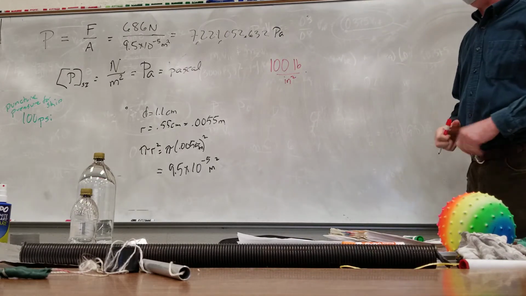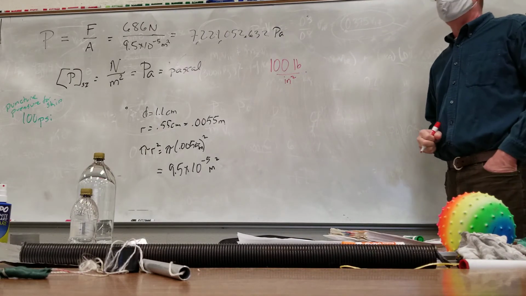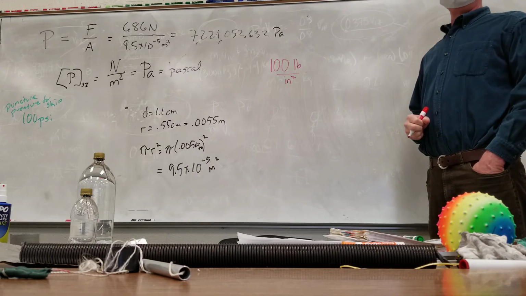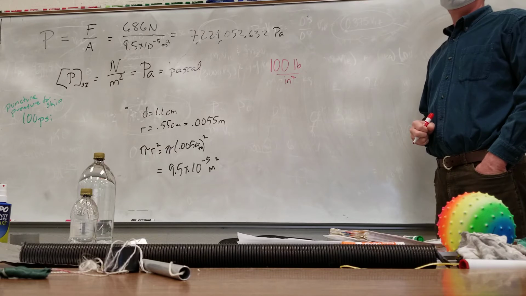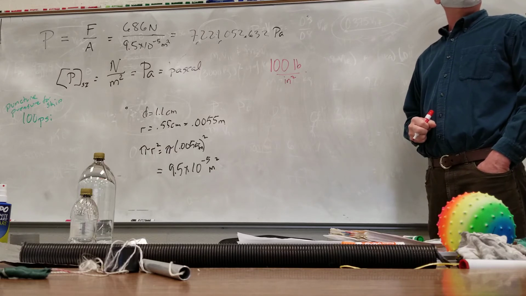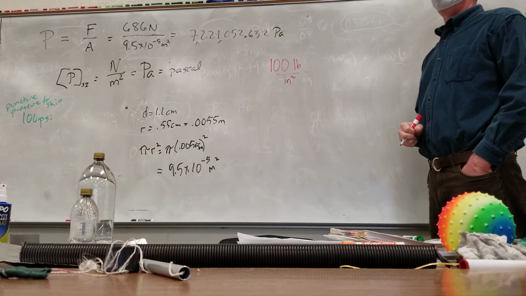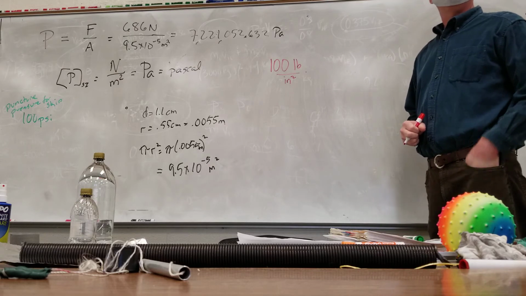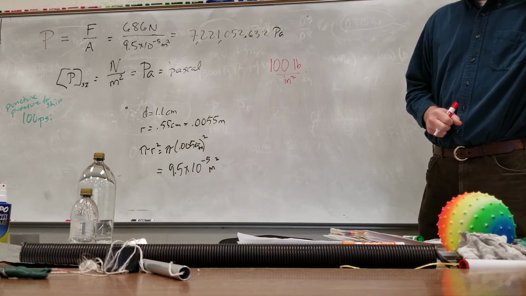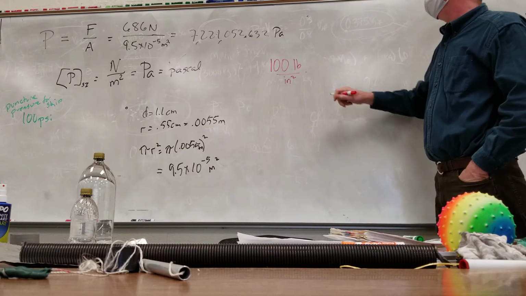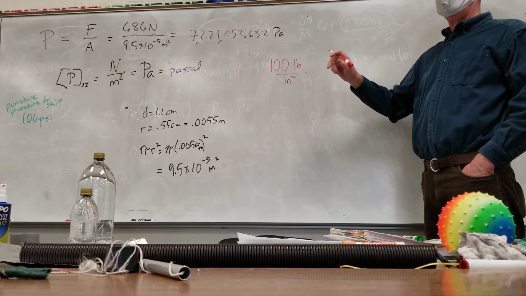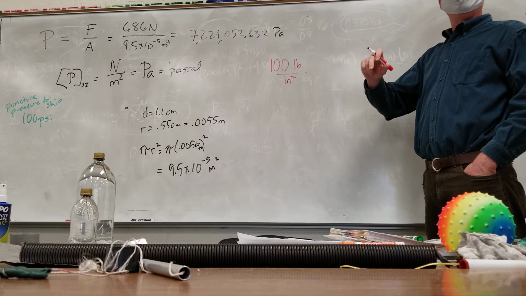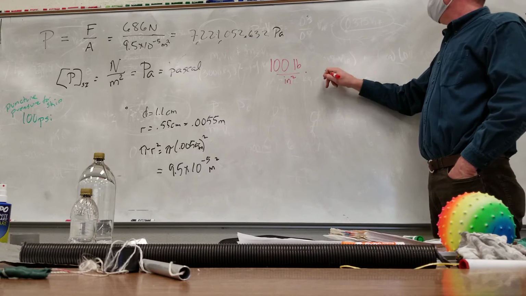First we need to get pounds into newtons. How many pounds in a newton or newtons in a pound? Is that like 4.6? Close. Do you know which is which? Is that pounds per newton or newtons per pound? Newtons per pound. All right.